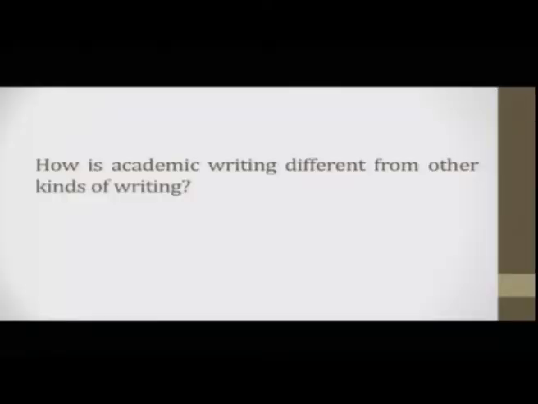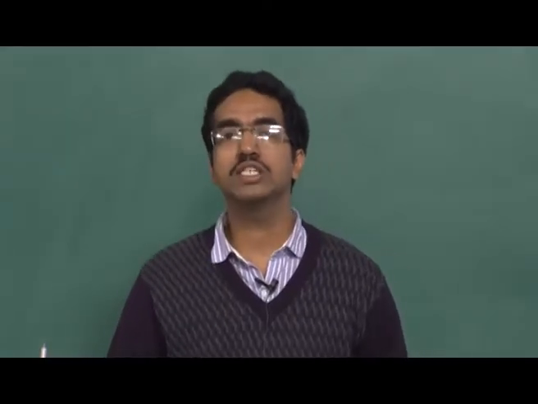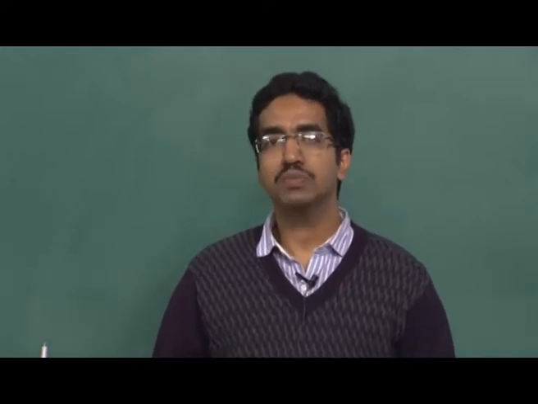So, how is academic writing different from other kinds of writing? We have very briefly looked at the characteristics of academic writing, that it has logical rigor and formal language. These things become clear when we compare forms of academic writing with those we find in other contexts.